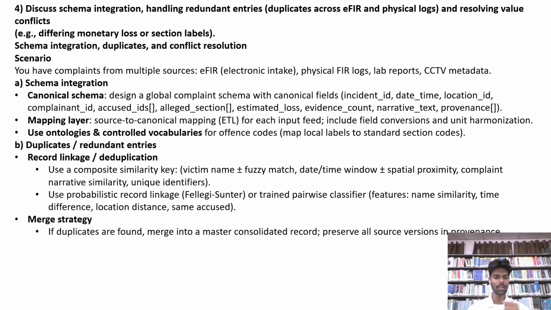Features: name similarity, time difference, location distance, and same accused. Third, merge strategies: if duplicates are found, merge them into a master consolidated data record and preserve all source versions in provenance.